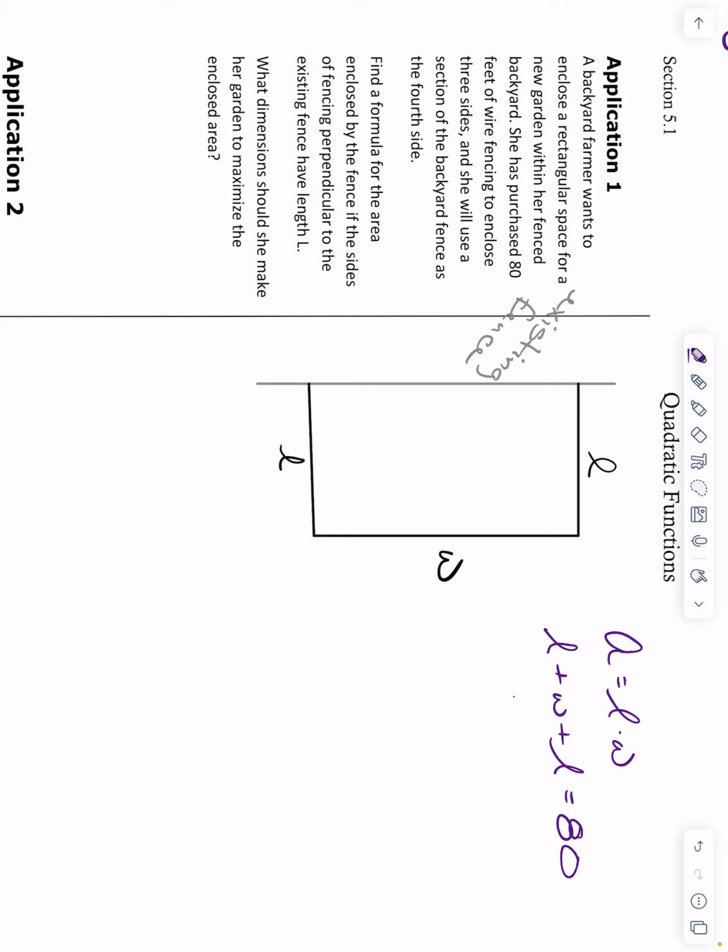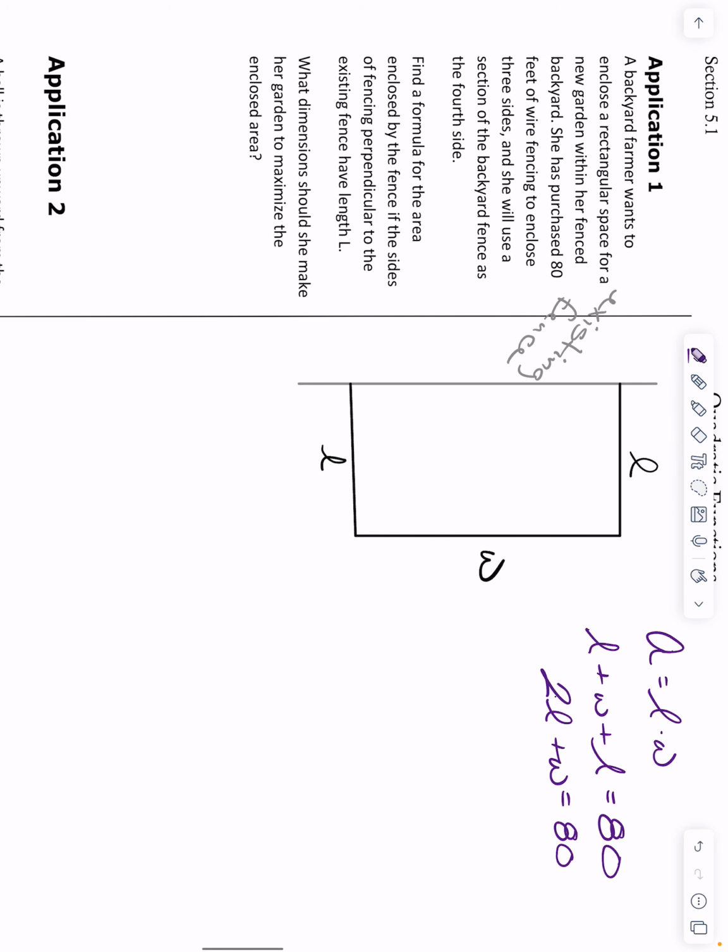Now I have 2 equations that have 2 different variables in them, which is a little unsettling. But I'm going to go ahead and take this second one, combine my L's. So that's the same as 2L plus W equals 80. And then I'm going to solve for W by getting W by itself, subtracting those 2 L's off.